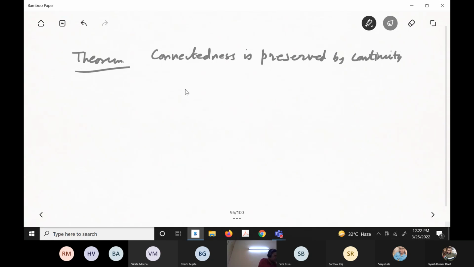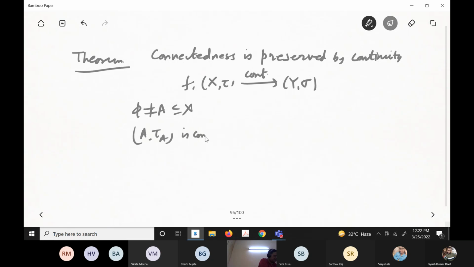That means if you have a continuous map f between two topological spaces, and suppose A is connected in X, that means (A, tau_A) is connected, then f(A) with the subspace topology is connected.